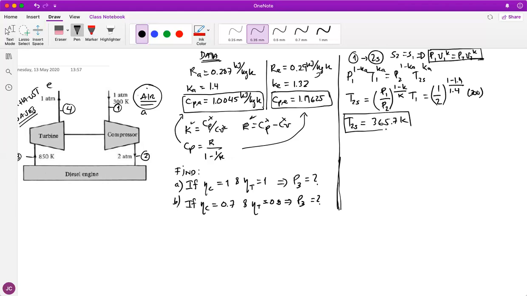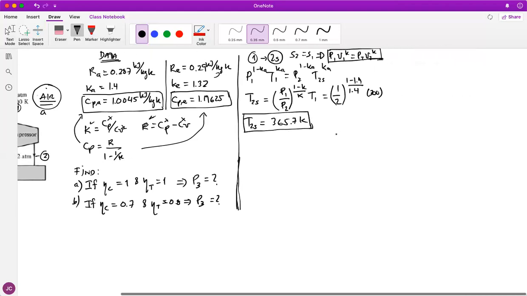So you check that out and tell me in the comment section if that's wrong. So first step is to get this T2s. What is this? It is the temperature at the outlet of the compressor if the compressor was isentropic. For our A case of this problem, it is an ideal compressor. So far, this is what I have for the outlet of the compressor in the first part of the problem, which is part A of the problem.